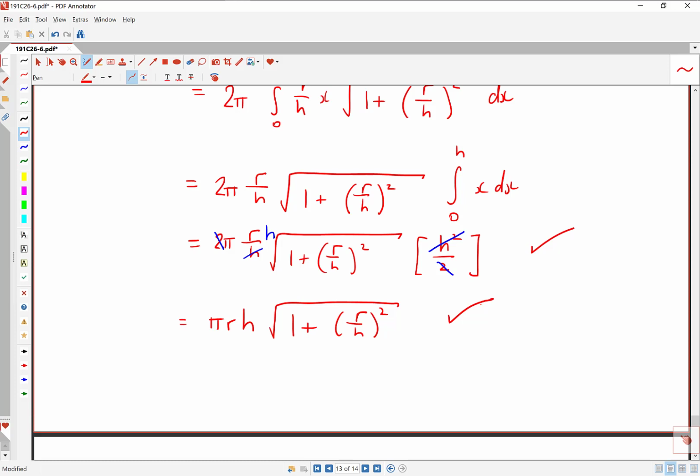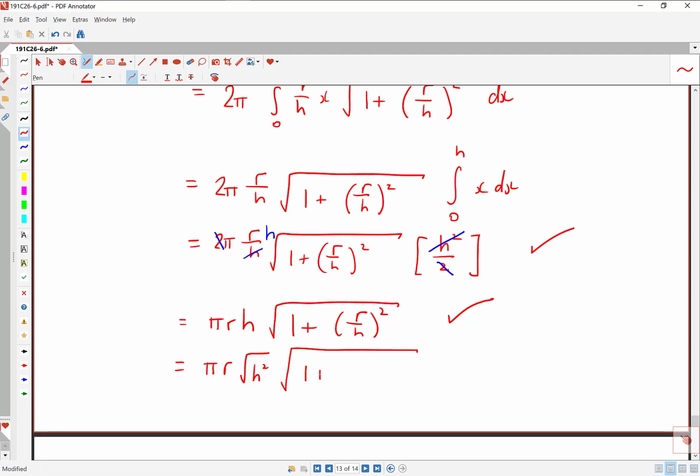There's one other thing you could do. I suspect a textbook would probably do this last step of simplification, so I'll point it out. Take this h that you see out in front, and you can think of that as the square root of h squared. The reason why you might want to do that is because then you could multiply through the root and actually clear the fractions.